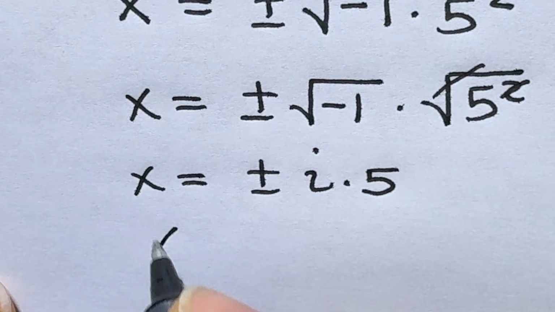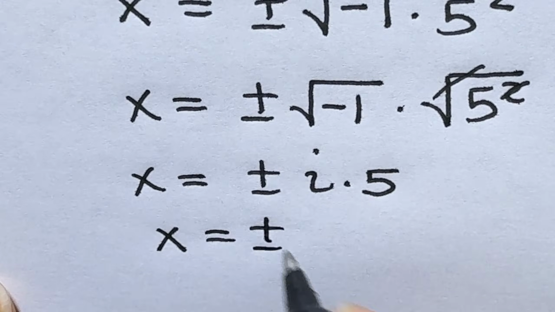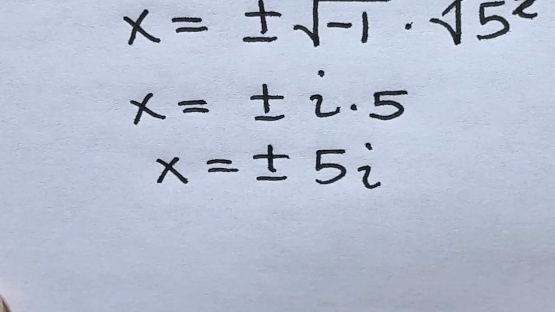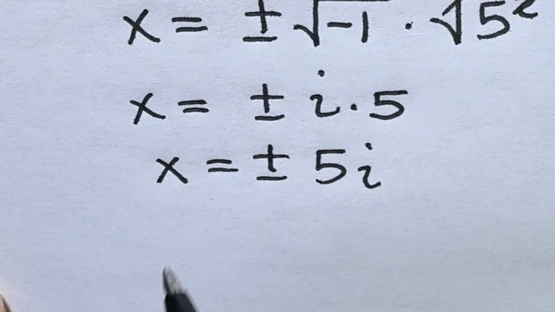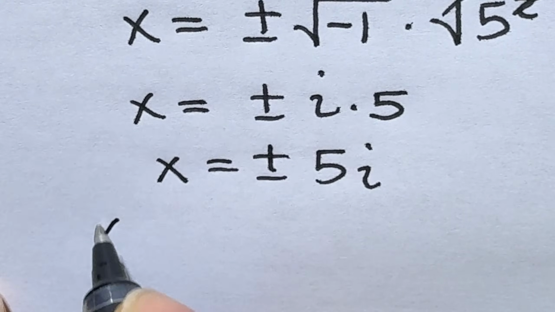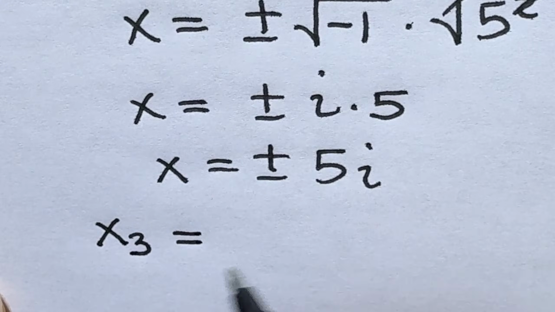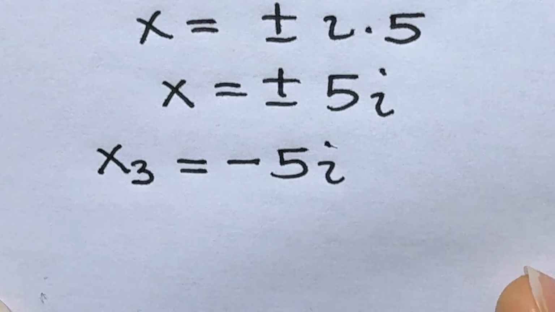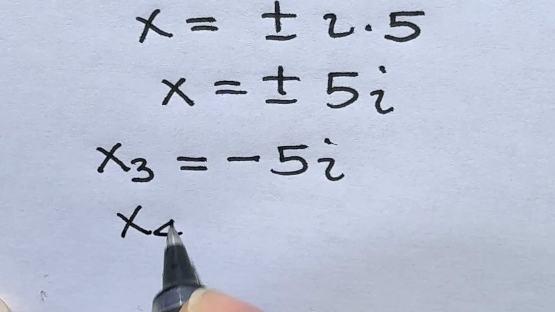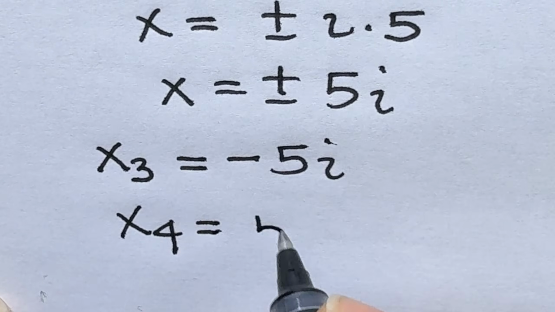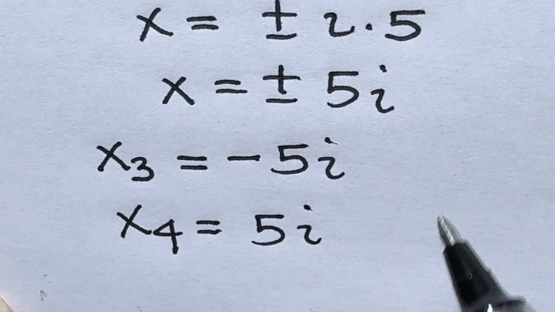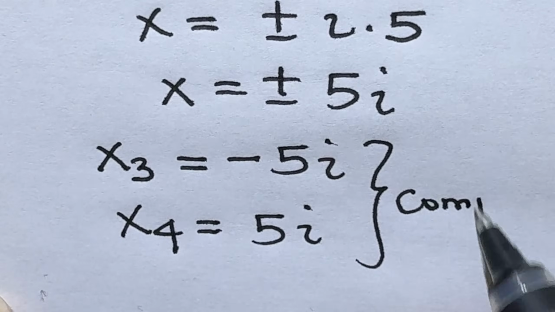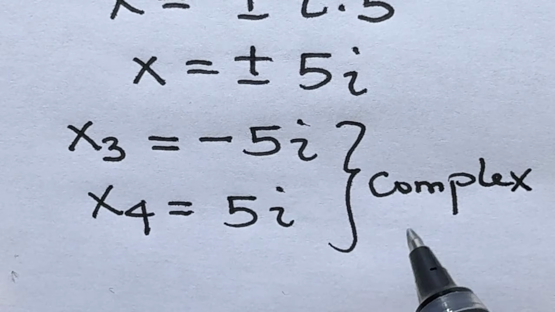And we can rewrite this as x is equal to plus or minus 5i. So in here we also have two solutions, which will be x3 is equal to negative 5i, and x4 is equal to 5i. So these two solutions are complex solutions.